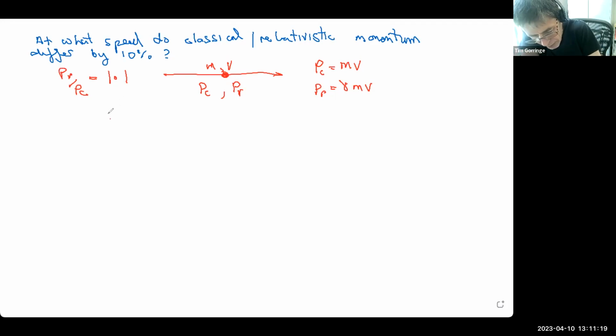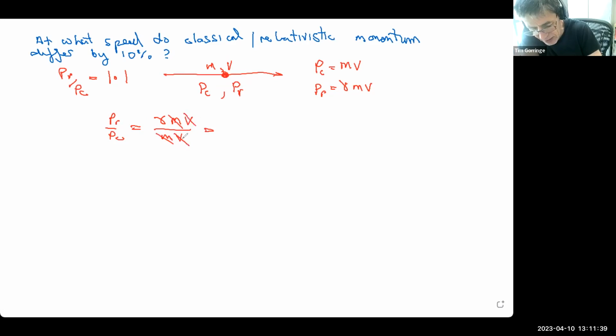So I'm just going to start by writing down PR over PC, filling in the expressions for the relativistic momentum, gamma mv, and the classical momentum. We can see that the masses cancel out.